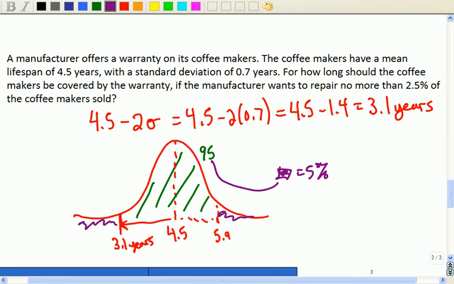So I got 5% if I took both purples, but I only want 2.5, so I'll take this 2.5%. Okay? So that's what we have here: 3.1 years is where we want to stop the warranty. Otherwise, we may need to pay out for more coffee makers.